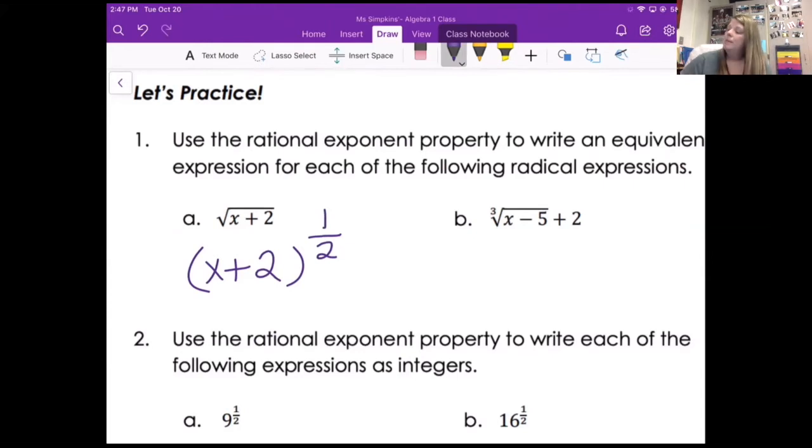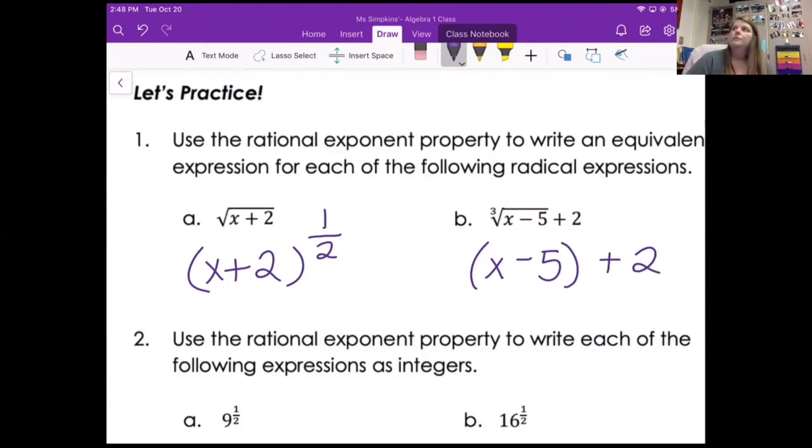So on B, we're going to rewrite x minus 5. Does the 2 go in parentheses? It doesn't. Why not? Because it's outside of the radical. It's not under the radical. So we're going to write it by itself. And what exponent do we want to write the x minus 5 to?